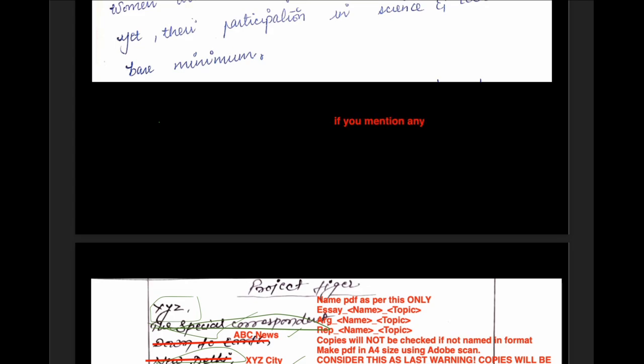If you mention anything personal or your roll number, you attract penalty marks. Now, I am not scaring you, but penalty marks is something which happens, of minus 5 marks.